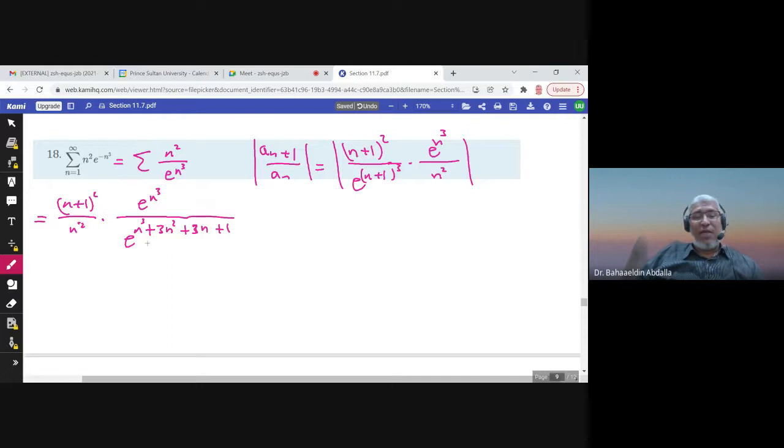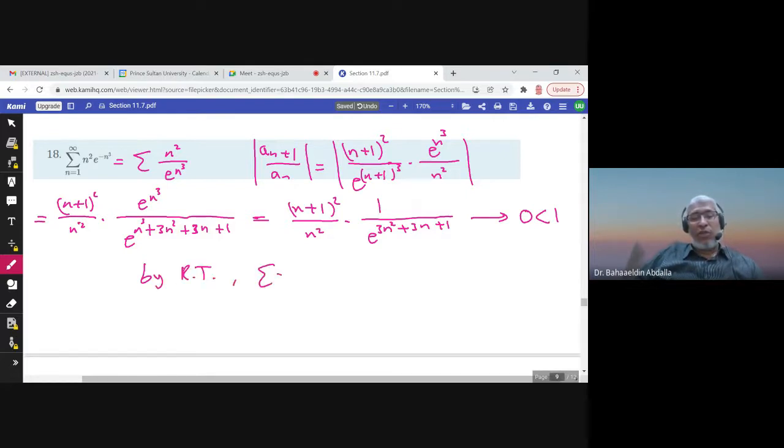So I can cancel e to the n cube with e to the n cube and I'll get n plus 1 square over n square times 1 over e to the power 3n square plus 3n plus 1. Now if I find the limit when n goes to infinity, the limit of n plus 1 square over n square is 1, and the limit of 1 over e to the power infinity, well, 1 over infinity, is 0, and 0 is less than 1. So by ratio test, summation an is absolutely convergent.